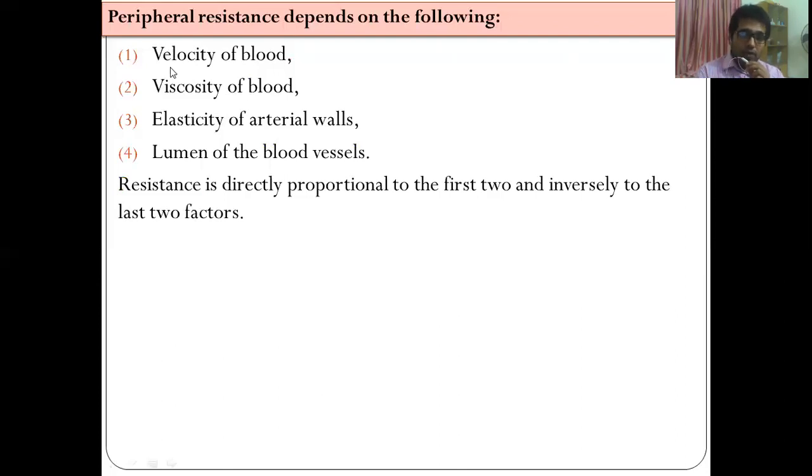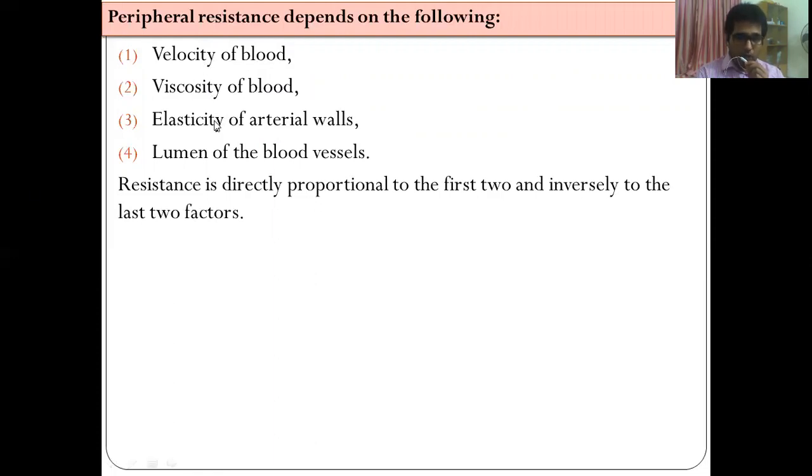If the viscosity increases, again there will be more friction between the molecules of the blood and the endothelium, so resistance will be more. So these first two factors are directly proportional with the resistance.